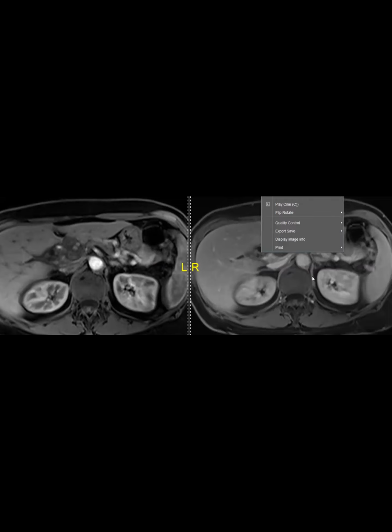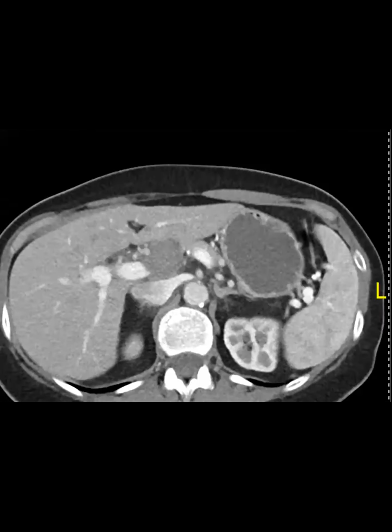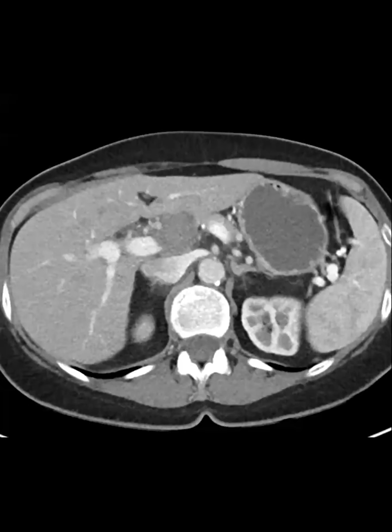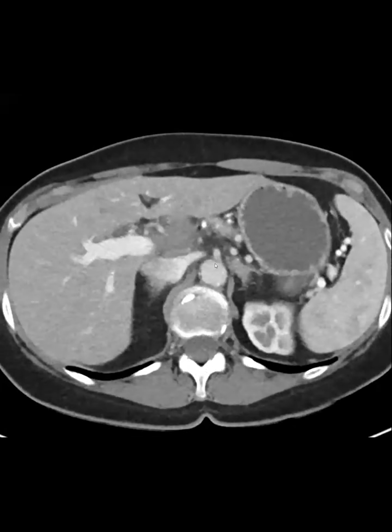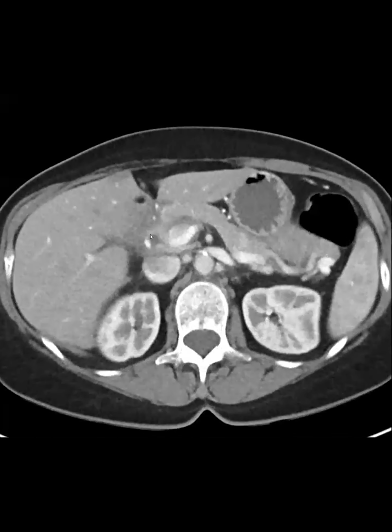So I don't have the report, so I don't know exactly what it said, but the patient was told she has pancreatic cancer. The patient had a repeat CT about 6 days following the MR. This is the mass.